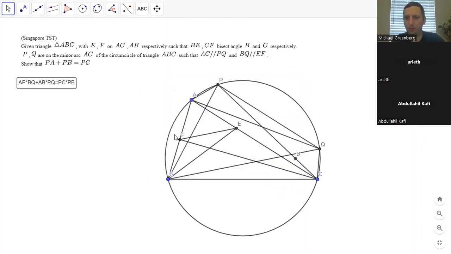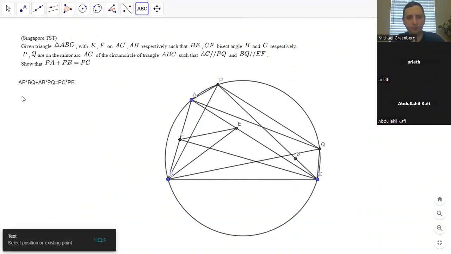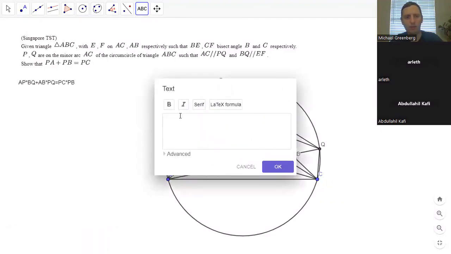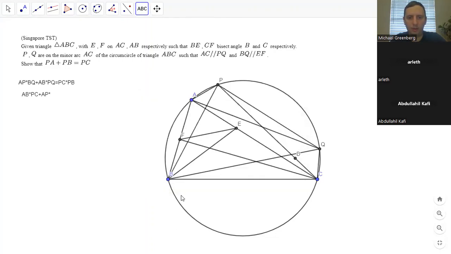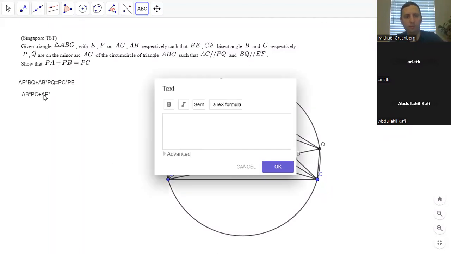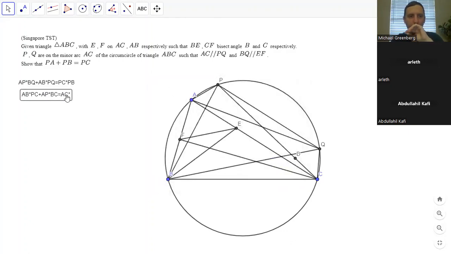And then if we use Ptolemy on this other quadrilateral, we have AB times PC plus AP times BC is equal to AC times PB.